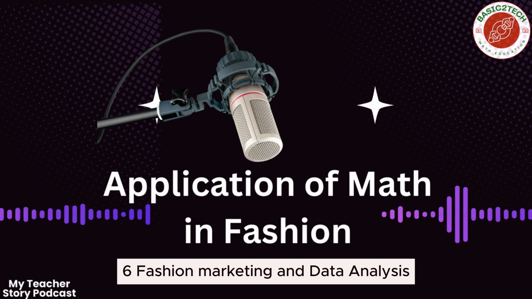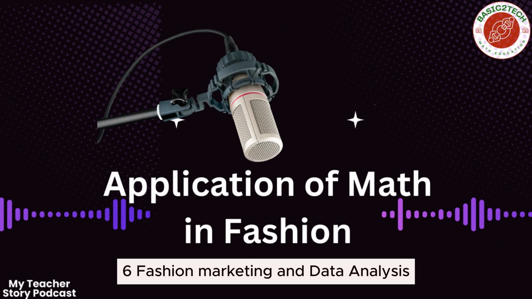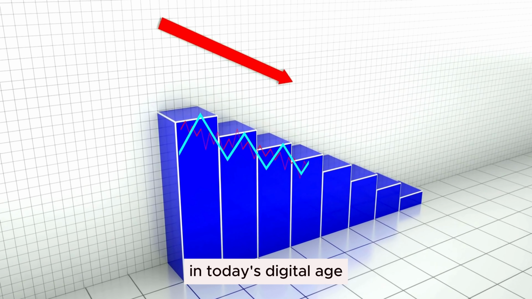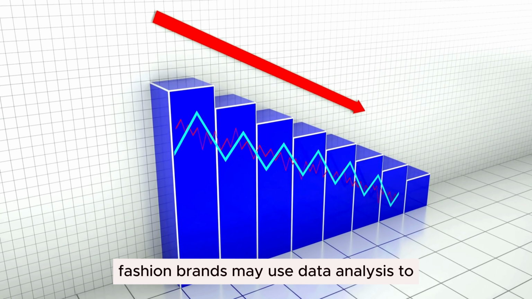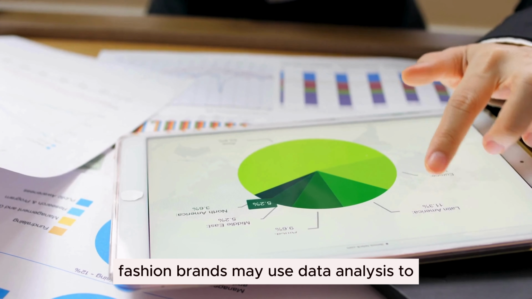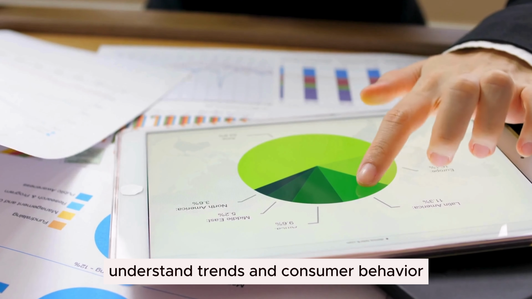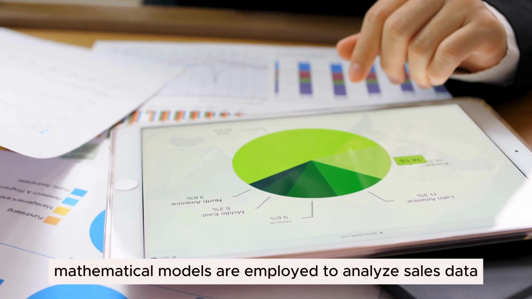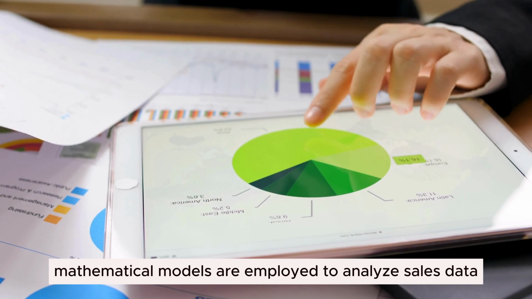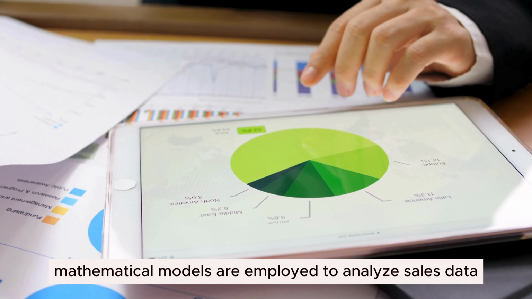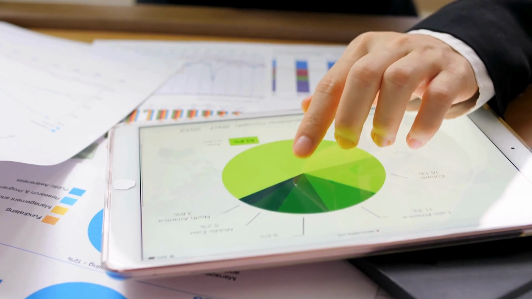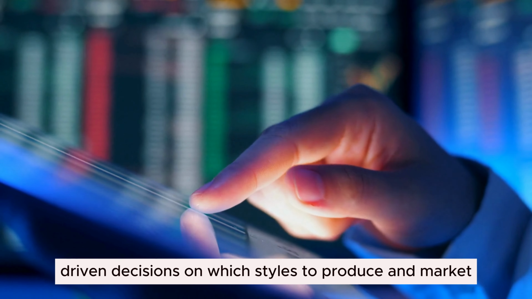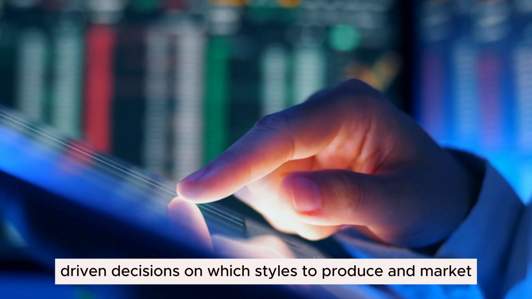Six, fashion marketing and data analysis. In today's digital age, fashion brands use data analysis to understand trends and consumer behavior. Again, mathematical models are employed to analyze sales data, forecast trends, and make data driven decisions on which styles to produce and market.